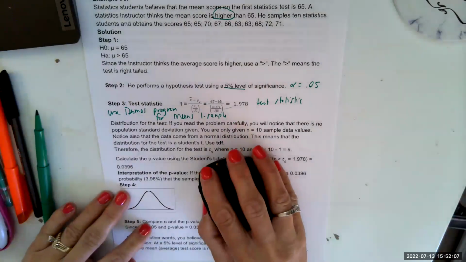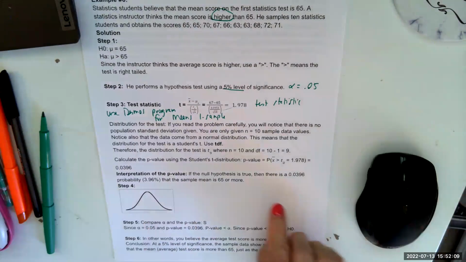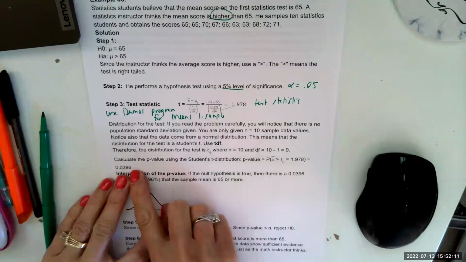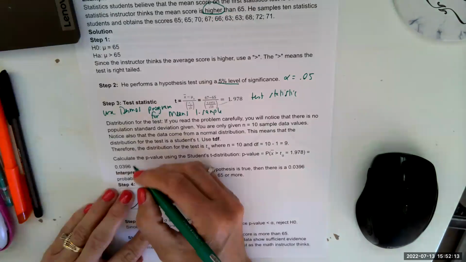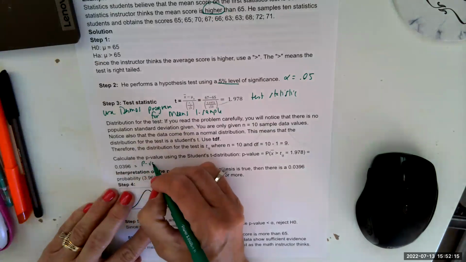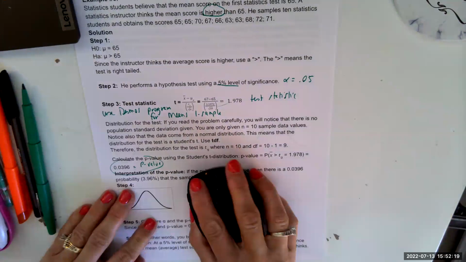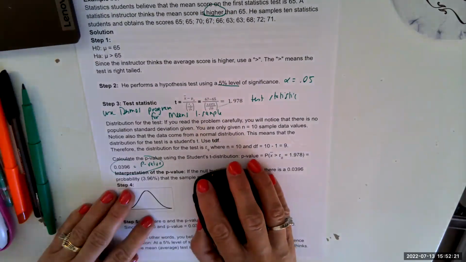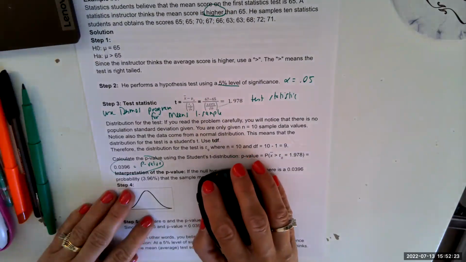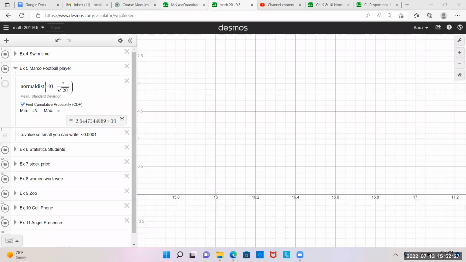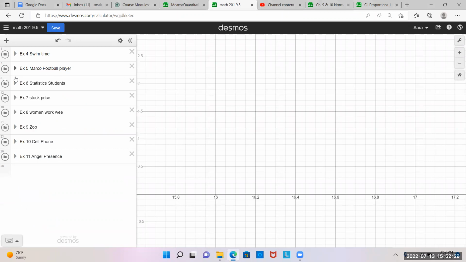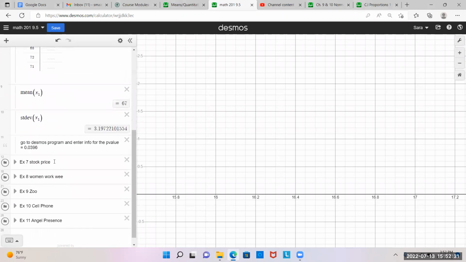Okay, so let's go there, and we are proving that the p-value is right here, 0.0396. Okay, so I'm going to show you where you can find that in Desmos. So example 6, it shows you all right here.